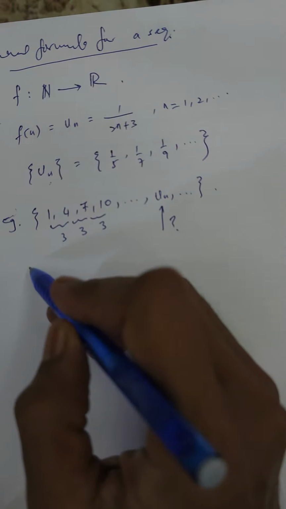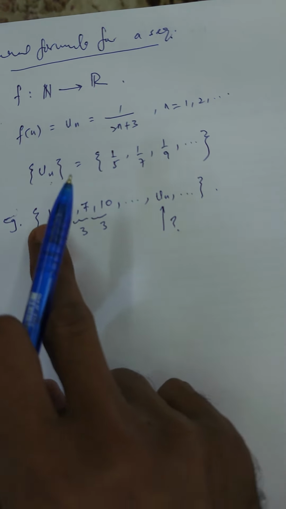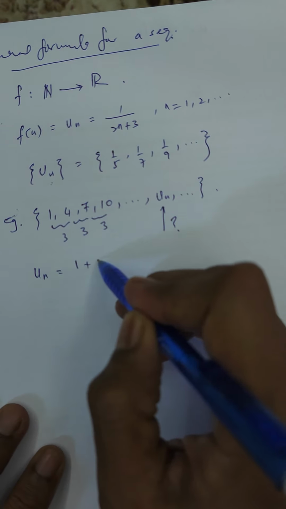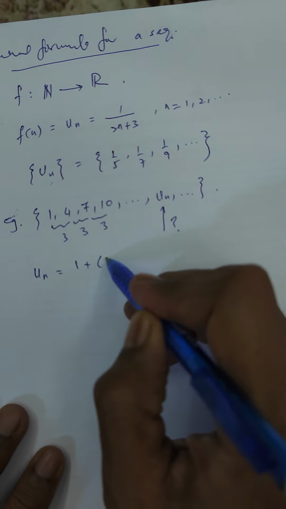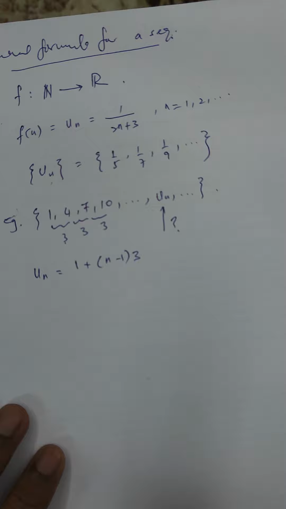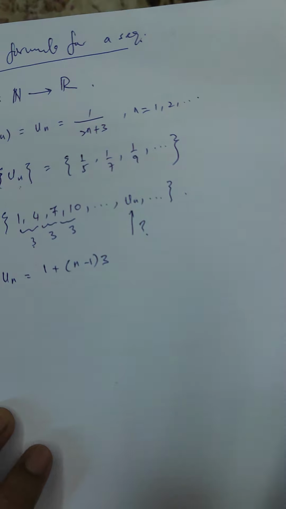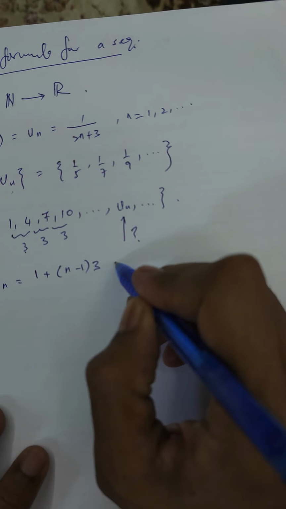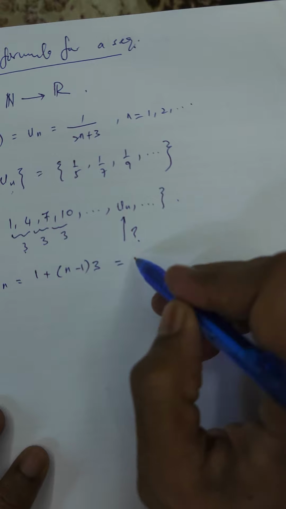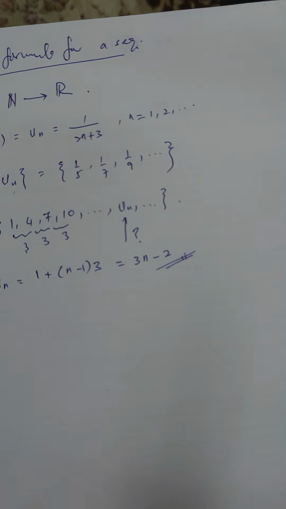So from there you can have un given as 1 plus (n minus 1) times 3. Basically this is an arithmetic sequence. Then you can simplify this, and this is 3n minus 2. So that's the general formula that we have for un.